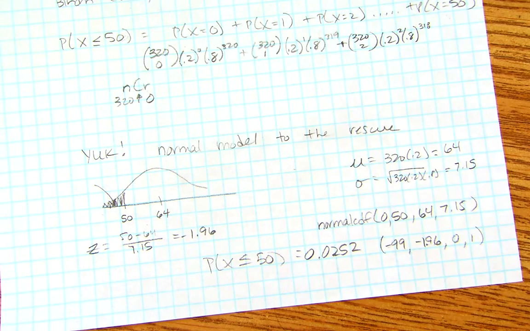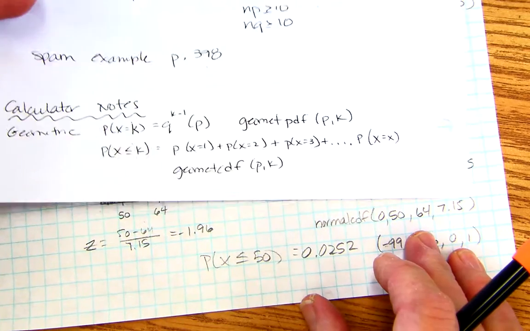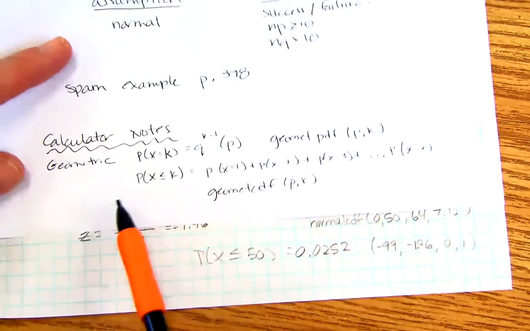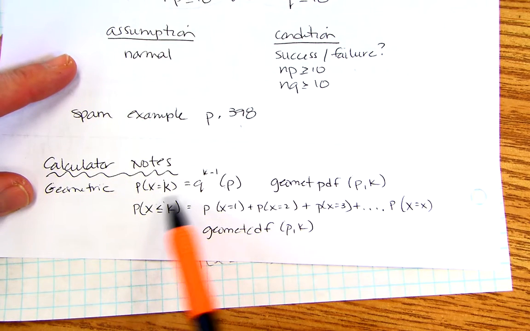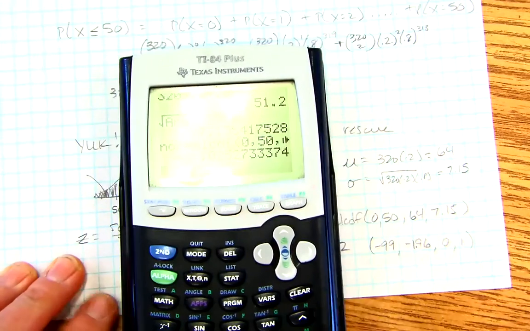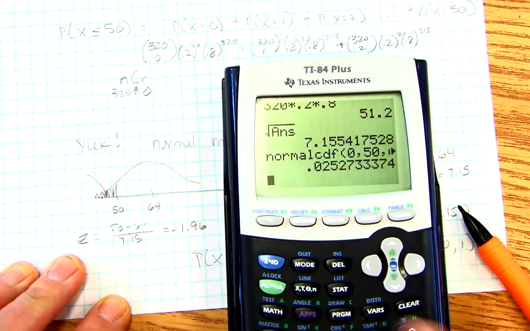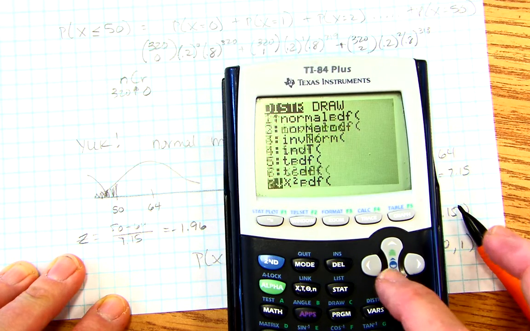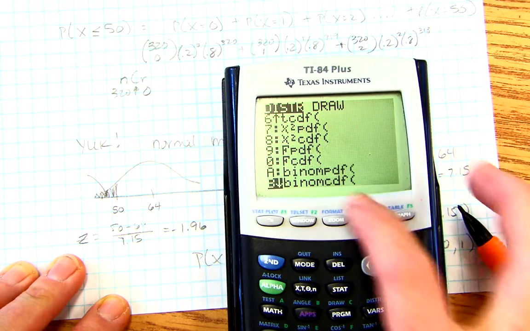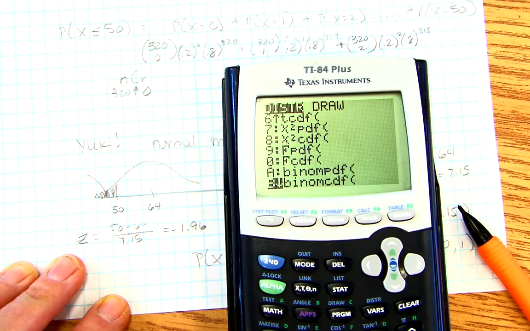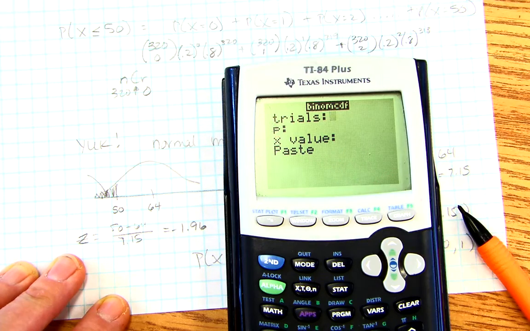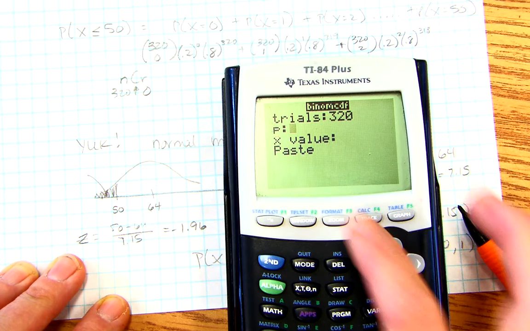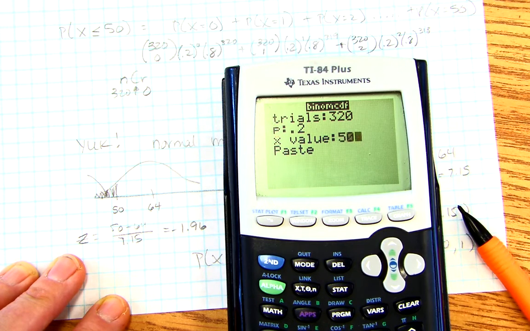And then finally, if you go back to these notes, actually these are about geometrics, but you can do the same thing with binomial. I'm going to use binomial CDF. PDF gives you the exact percentage. How many trials do I have? 320. What's my P? It's 0.2. What's my X value? 50.